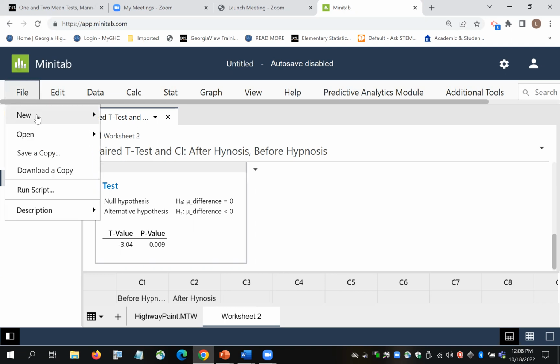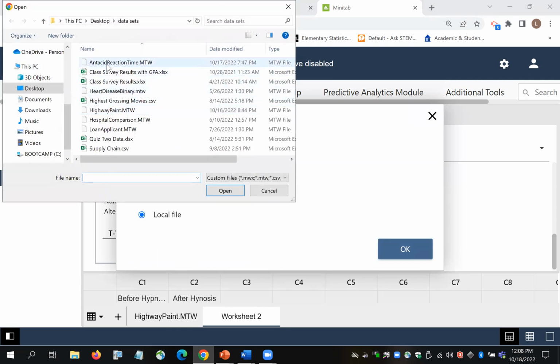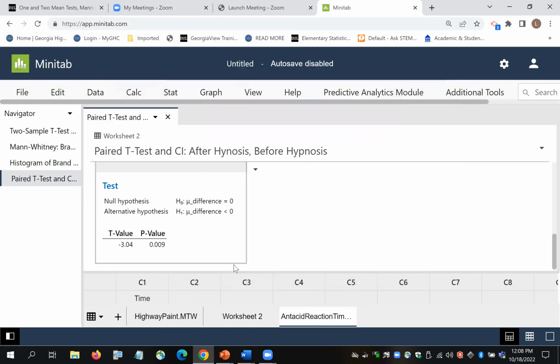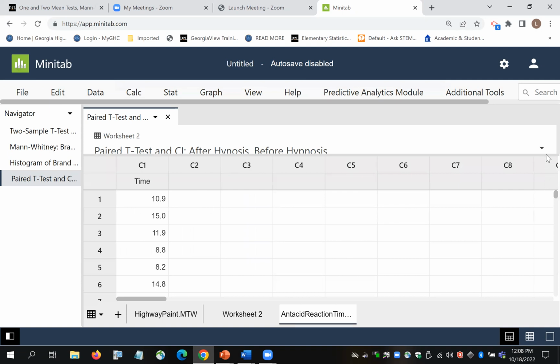So let me pull this data set in. I'm going to open the worksheet. I already have it on my desktop. Antacid reaction time. Now, in this particular data set, all they have given us is the difference. So I know that there was a difference of 10.9 seconds for the first one, a difference of 15 for the second one, a difference of 11.9.